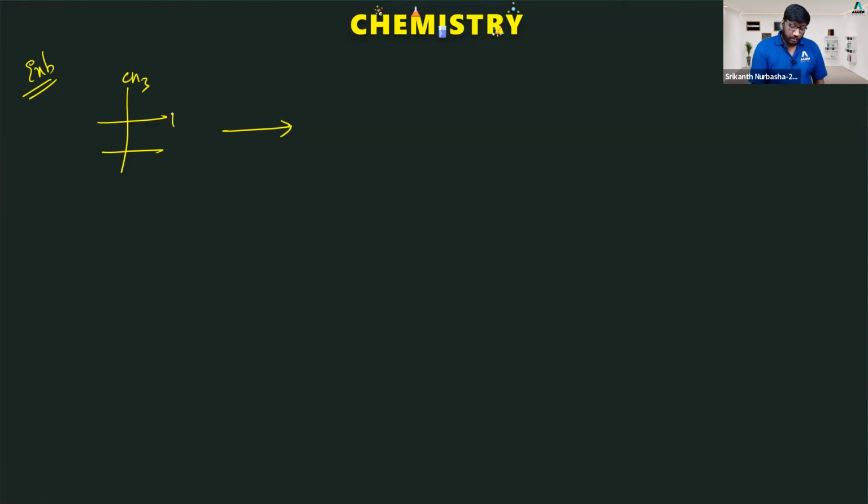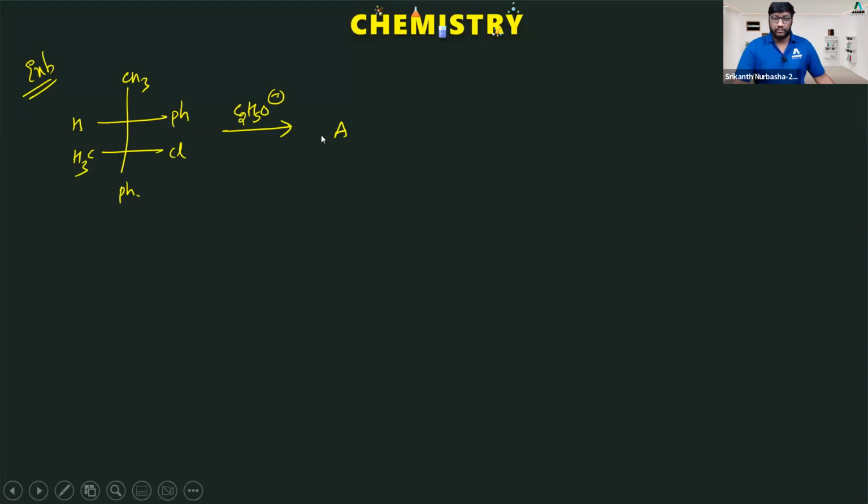CH3-C(Ph)(H)-Cl-CH3, with Ph. You are treating this with C2H5O minus. You get a compound A. And you treat the other molecule, CH3-C(Ph)(H)-Cl-Ph-CH3. These are nothing but Fischer projections. You all know, right? We have solved different examples as well.